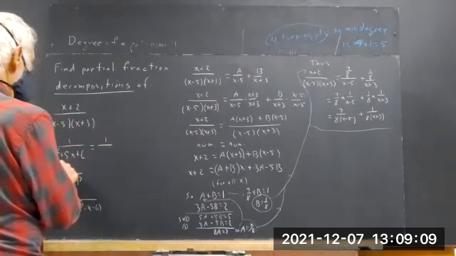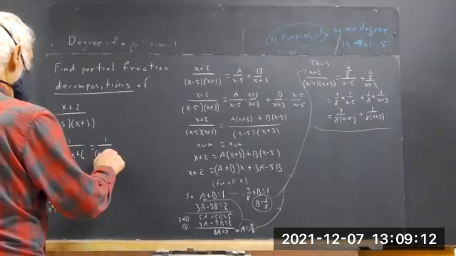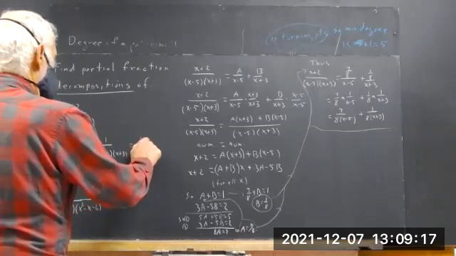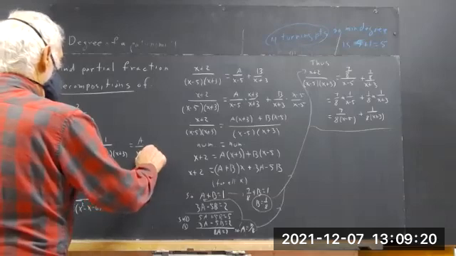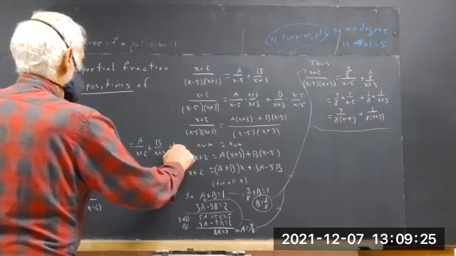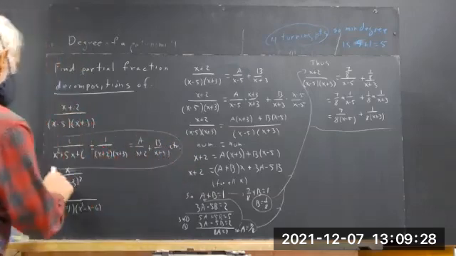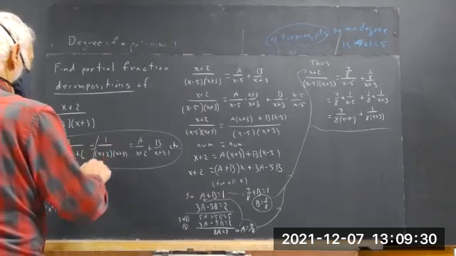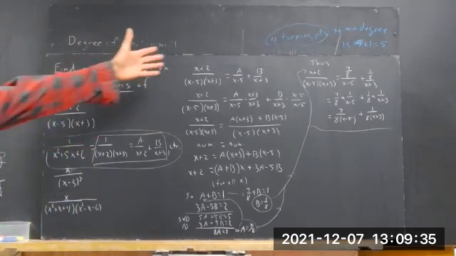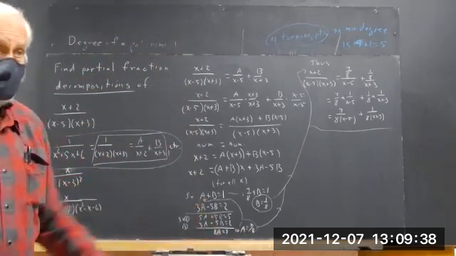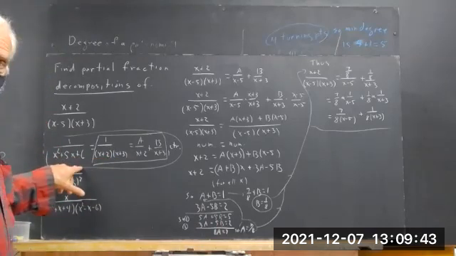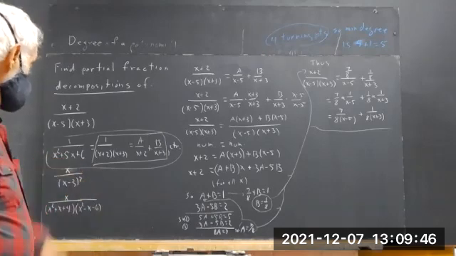You just factor the denominator, x plus 2 times x plus 3. So that's going to be a over x plus 2 plus b over x plus 3, etc. And here's what you've got, and then you just do the same thing we did over here, but with the different numbers. So the procedure on this problem is the same once you've factored it. The point then is that sometimes you've got to factor your denominator.